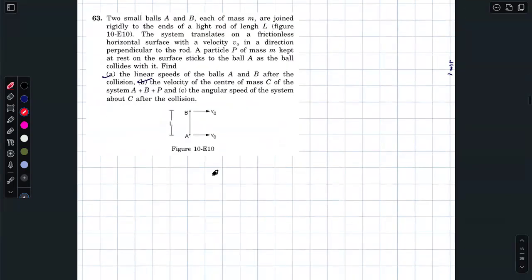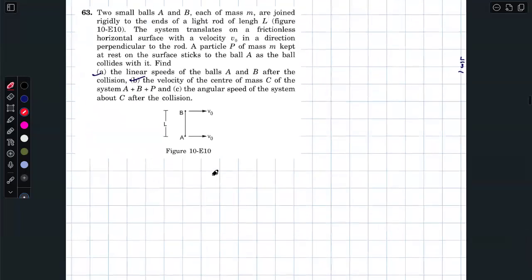Go with this. This is also from H.C. Verma. Two small balls A and B, each of mass M, are joined rigidly to the ends of a light rod of length L. The system translates on a frictionless horizontal surface with a velocity V naught in a direction perpendicular to the rod.